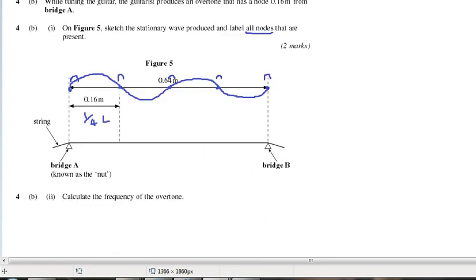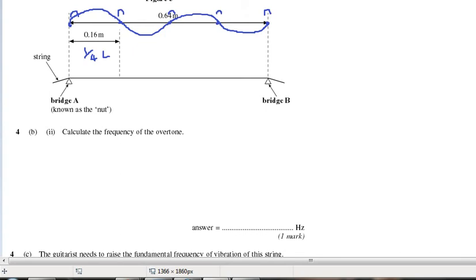Now, part 2 wants the frequency of that overtone. And if we remember beforehand, when we had our basic wave in its fundamental form, we had on this same length a single wave going from the start up and down again.